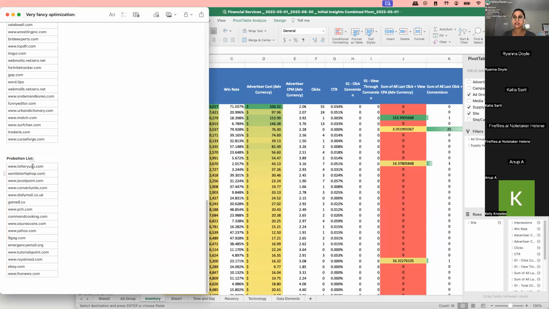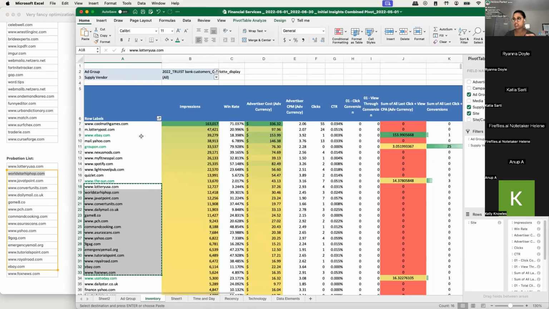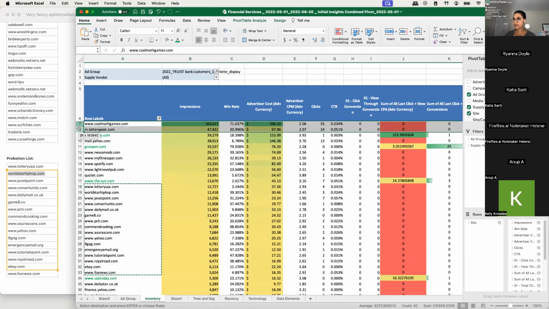Now, if there's a case of, okay, these actually have some conversion, but the CPAs are really, really high, then maybe you can keep it on your probation list because you know that there's conversions there, you don't want to exclude them. But the whole point of doing this is that we spend where we need to spend the most efficiently possible. For instance, another thing I would recommend excluding is these two right here, right?